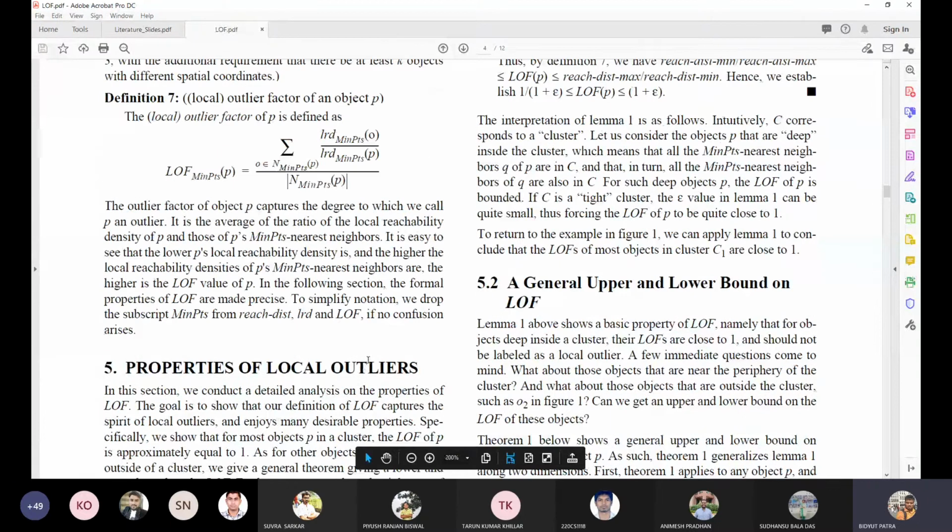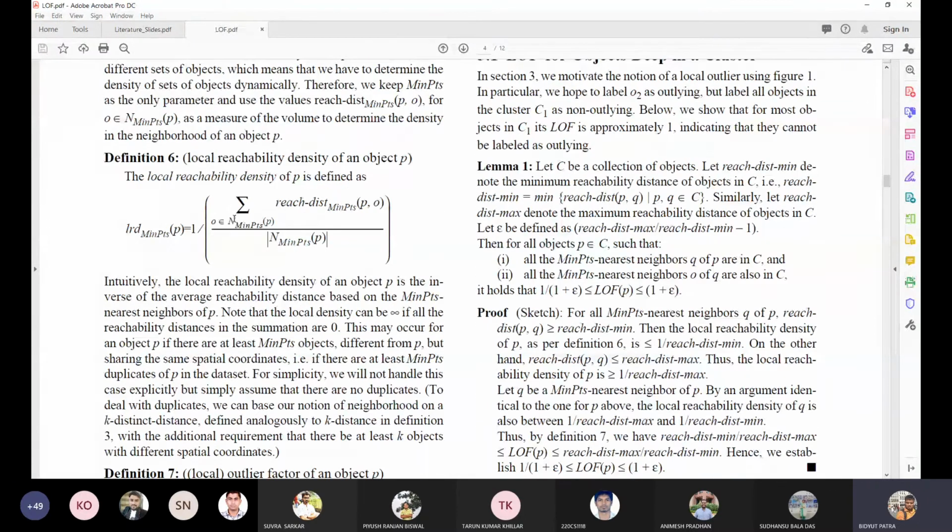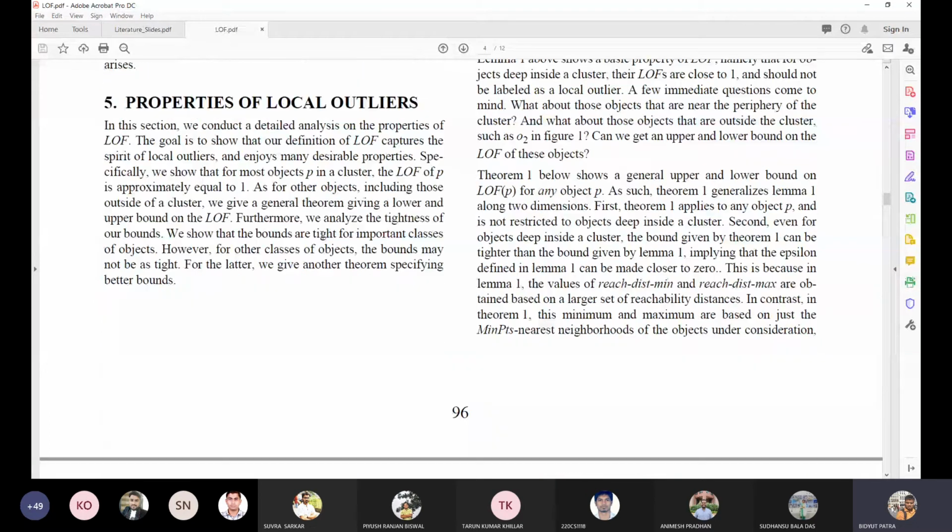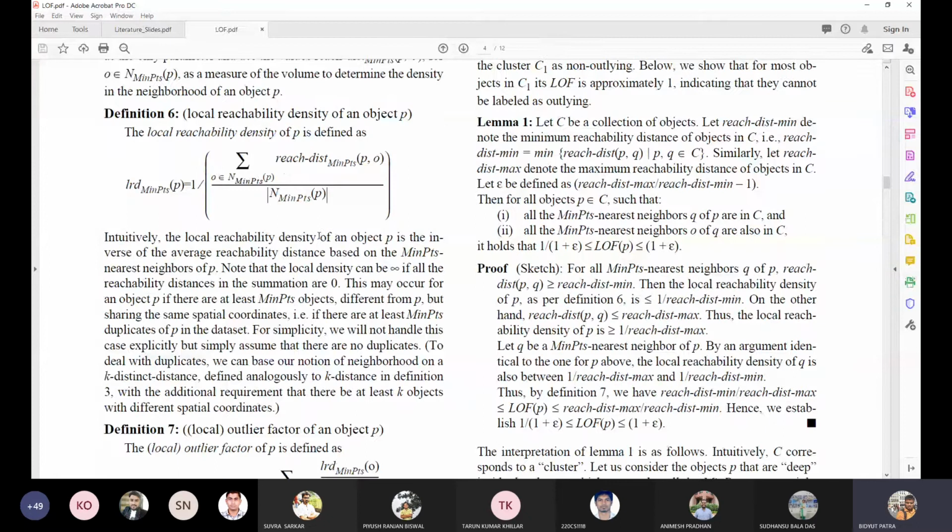What is that? So first you compute the nearest neighbors of the point, and for each point you compute the reach-dist with respect to the neighbors.